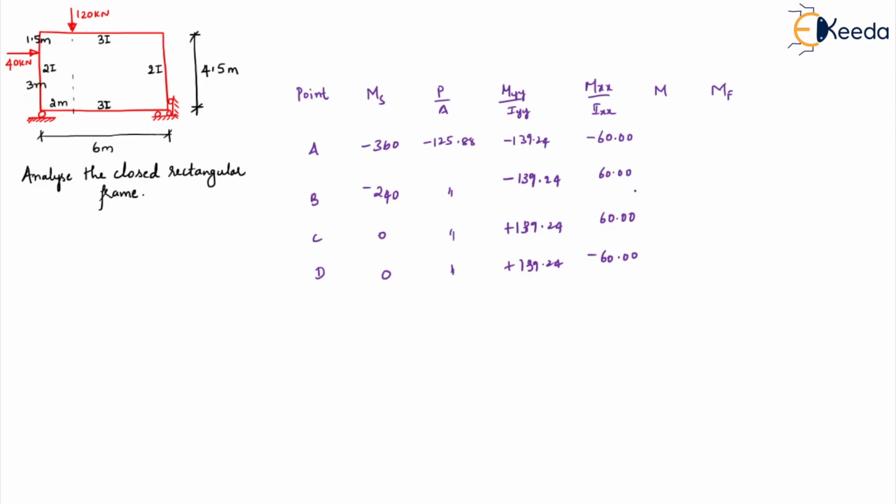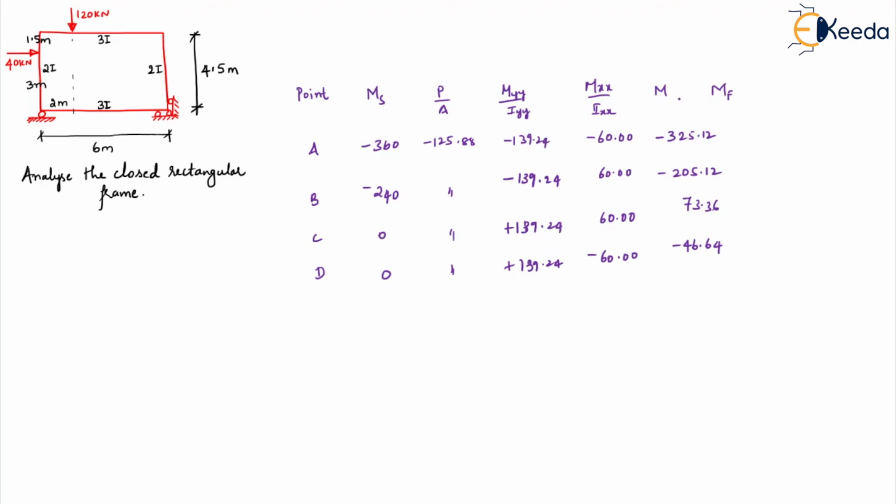Then we got to calculate the value of M. We should be very careful with the signs. Okay, because based on that only you will get your final result. So that will be minus 325.12 minus 205.12, 73.36 and minus 46.64. That is your M. Then you get your MF.